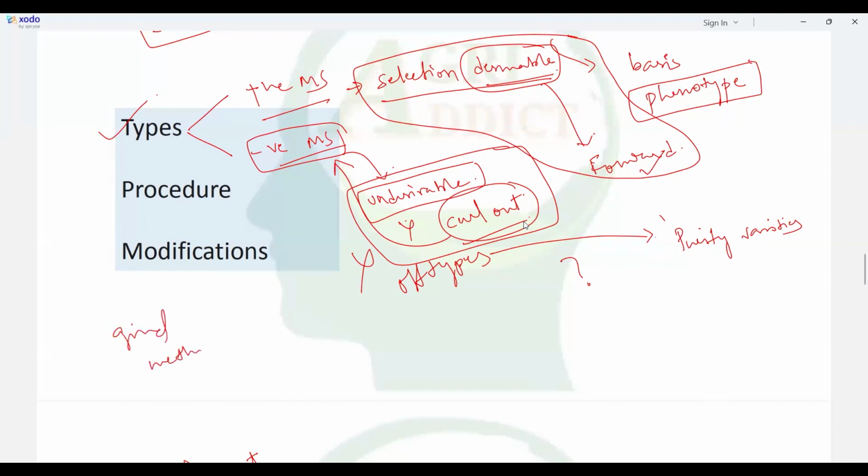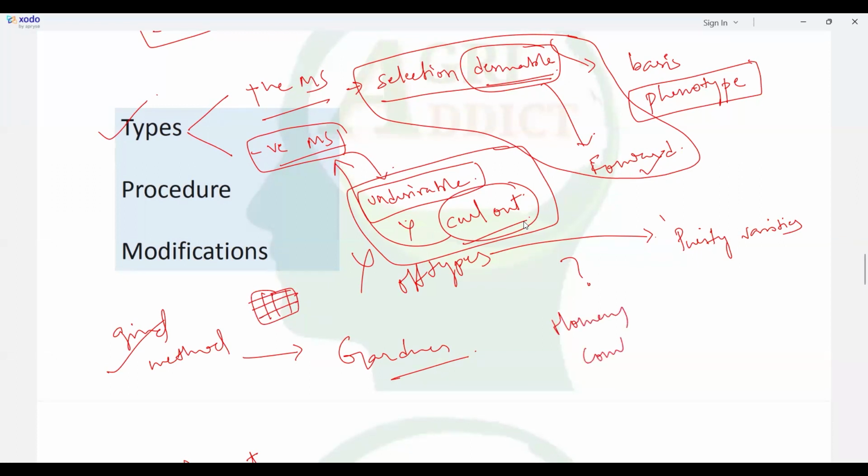And the scientist who gave this method, any idea? Gardner was the scientist who gave this modification of mass selection. He divided the field into different grids to ensure uniformity. Then there is another modification, the honeycomb design.